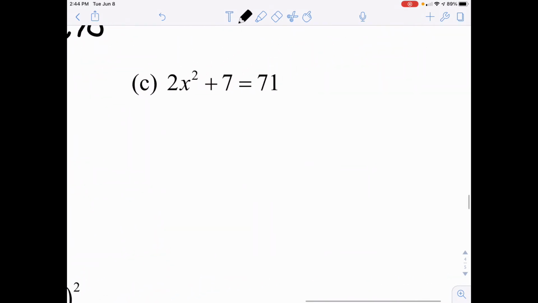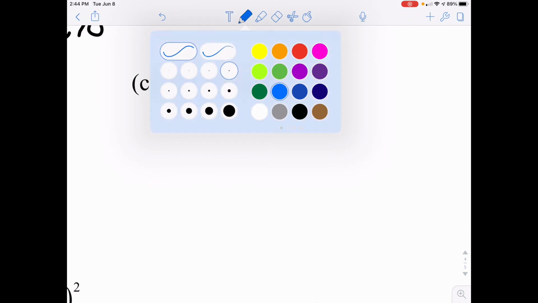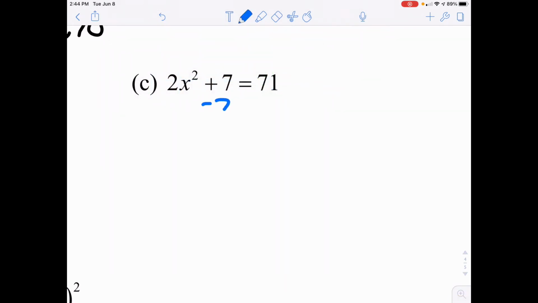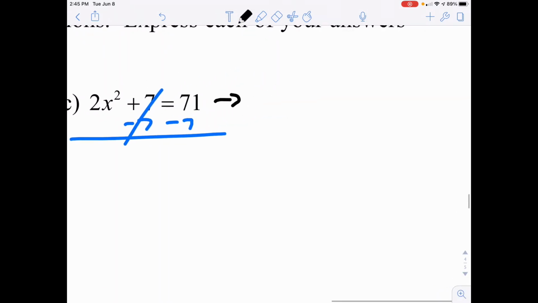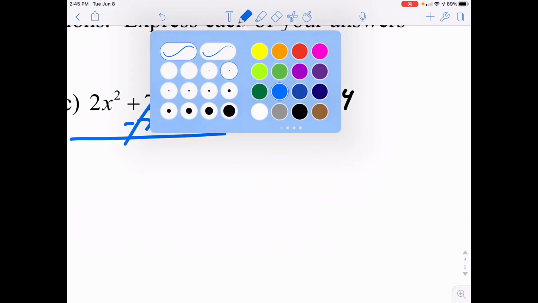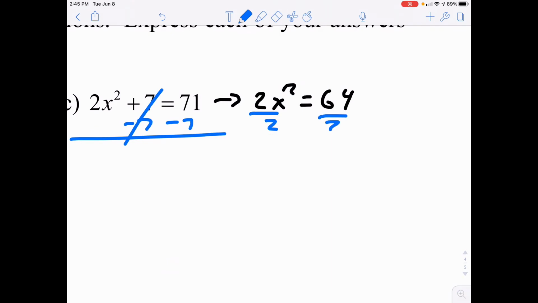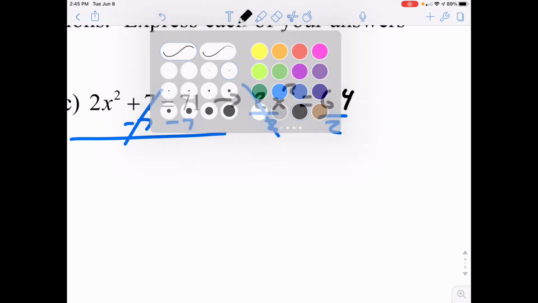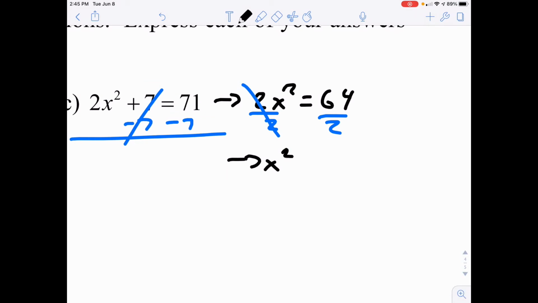Letter C. Let's begin by subtracting 7 both sides. And when we rewrite this, we get 2x squared equals 64. Divide 2 both sides. We get x squared equals 32.